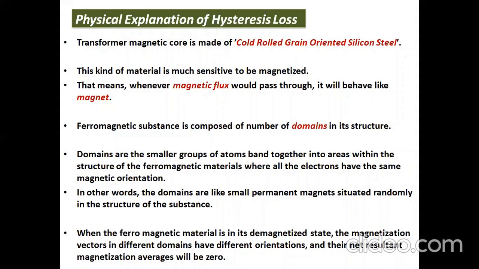In other words, the domains are like small permanent magnets situated randomly in the structure of the substance. When the ferromagnetic material is in its demagnetized state, the magnetization vectors in different domains have different orientations, and their net resultant magnetization averages to 0.